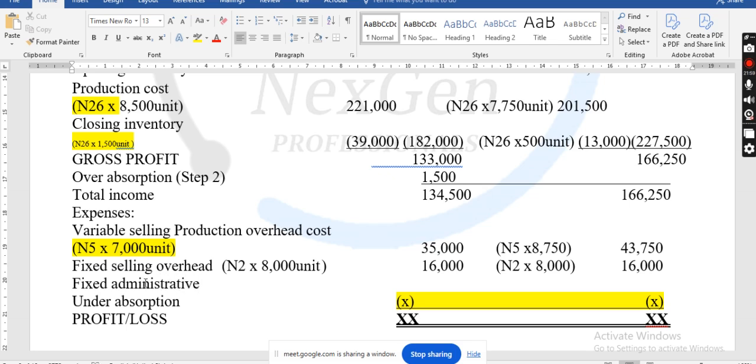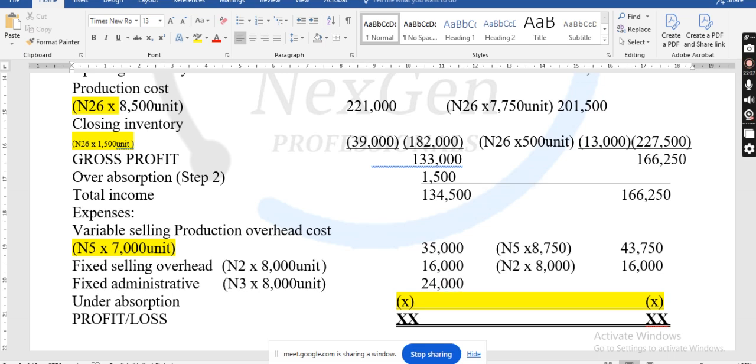administrative, right? So what is the cost? Quickly. 3 naira. So this one is also fixed. Whether you produce or you do not produce, you will incur this cost, right? 3 naira. So what do you have here? 24,000.